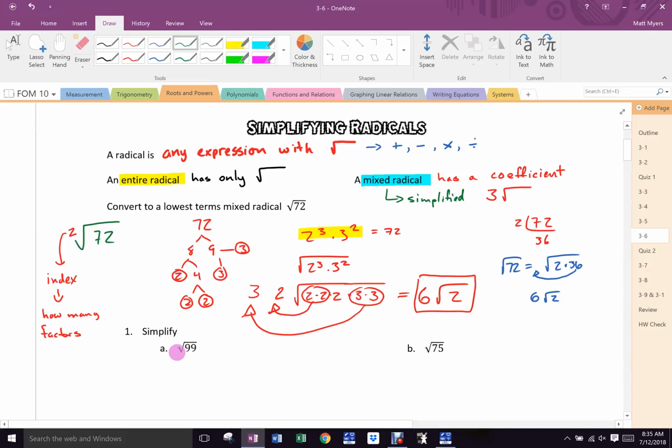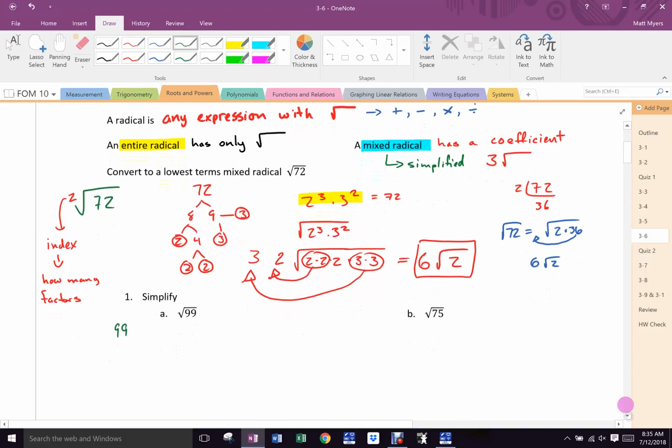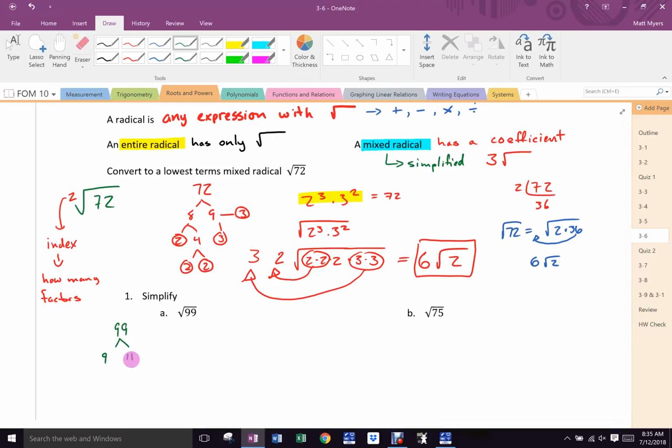So let's do a couple of these. 99, we can do 2 ways. We can do it the long way. 99, what are you going to divide 99 by? You're going to go 9 and 11. Now, can I stop there? I can. Why can I stop there, Avian? I can stop at that one step. Why?